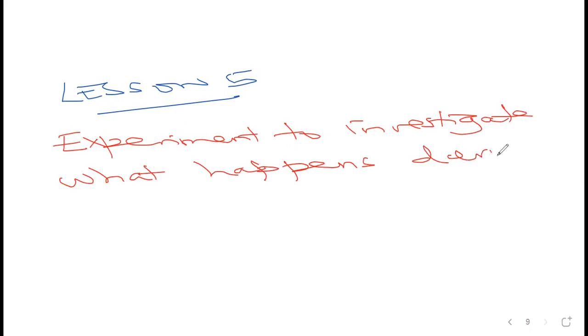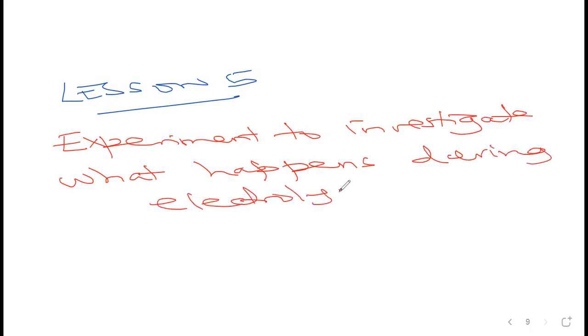In lesson 5, make revision about this experiment before we discuss it in that lesson. What we shall discuss in that lesson is the experiment to investigate what happens during electrolysis.